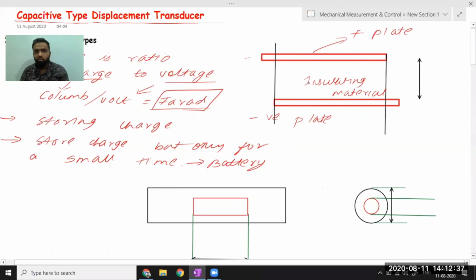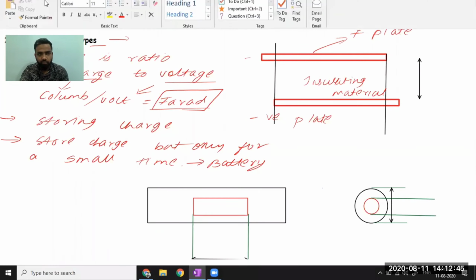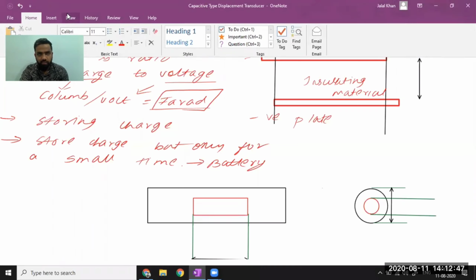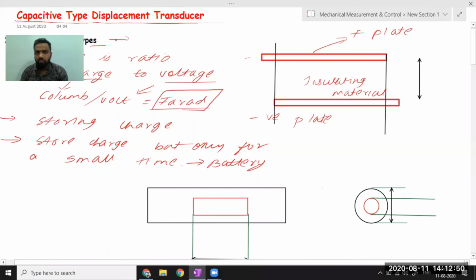Now there are two types of capacitive type of displacement transducer. One is linear, or you can say parallel plate capacitor, and the second one is the cylindrical plate capacitor.